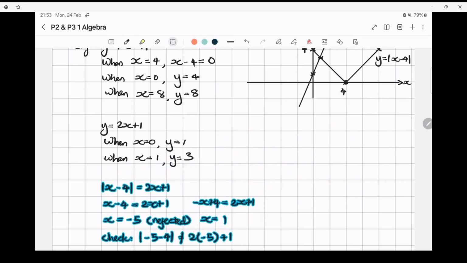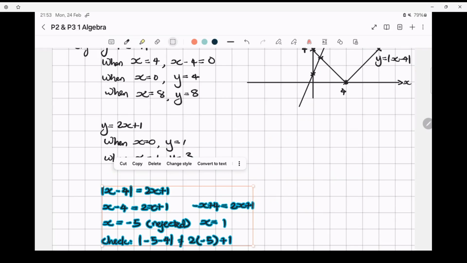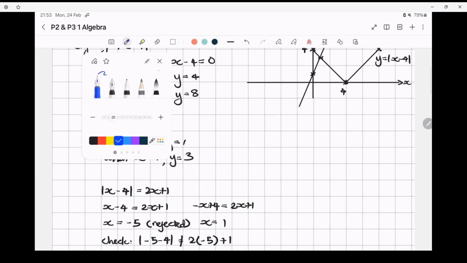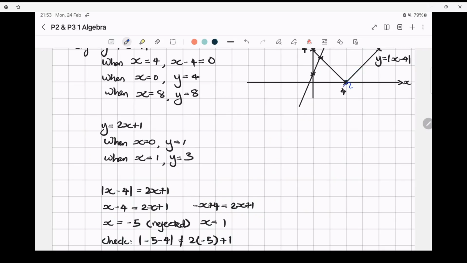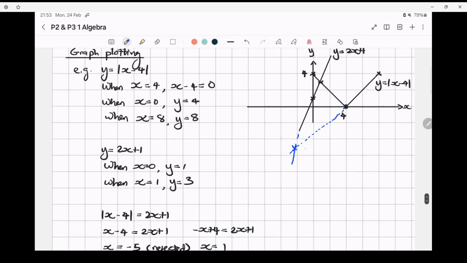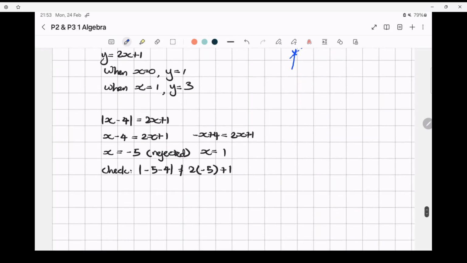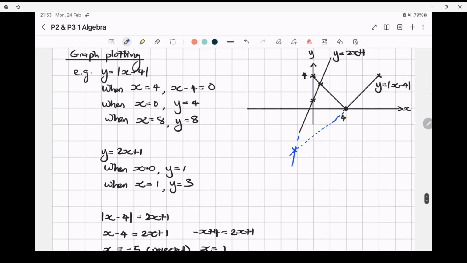And from the diagram perspective, let's put all my calculations here. From a diagram perspective, you are actually trying to intercept the other line over here. So this is the second intersection point, but this is not true. It doesn't satisfy the equation, which is why you have to reject x equals minus 5.